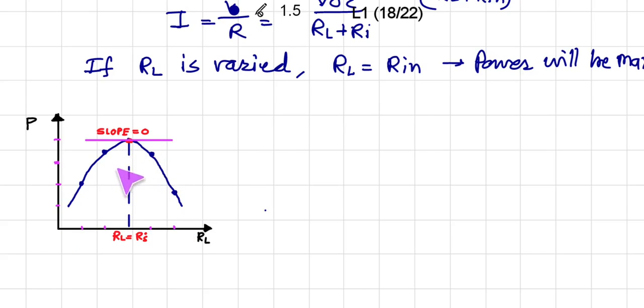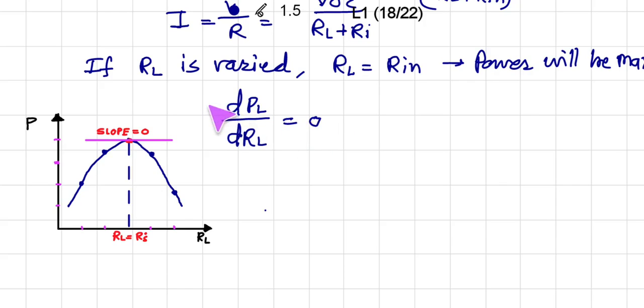But see here in the graph, at this particular point the slope, that means change in power with respect to change in load resistance, dPL by dRL, that is the slope of this curve, is equal to 0.